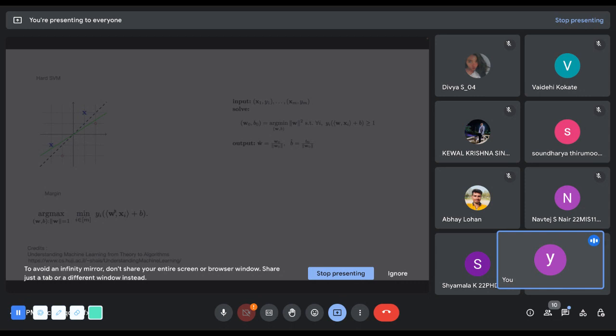If you fix W, only the minimum over your examples gives you the margin. If W is not fixed, you want to maximize the worst-case distance among all your training samples.